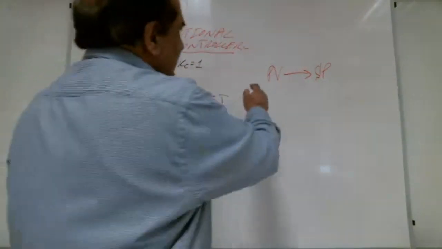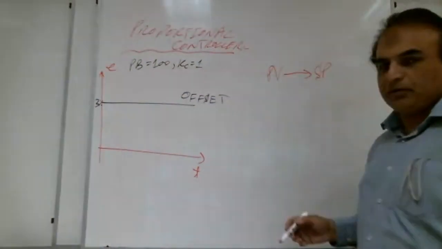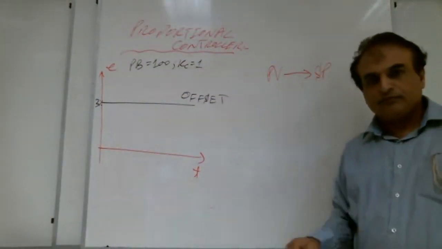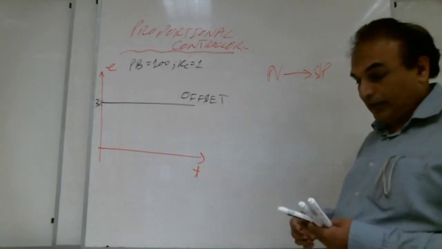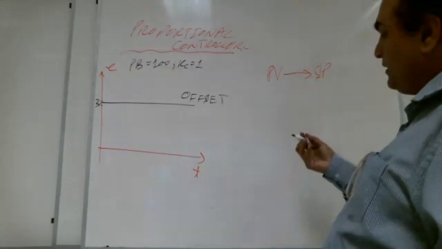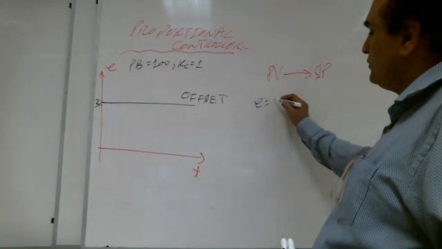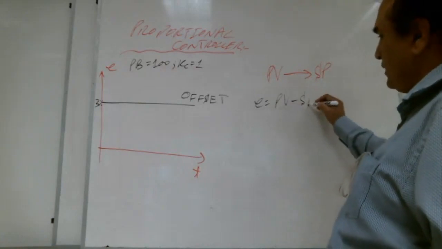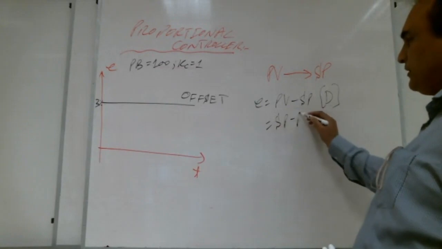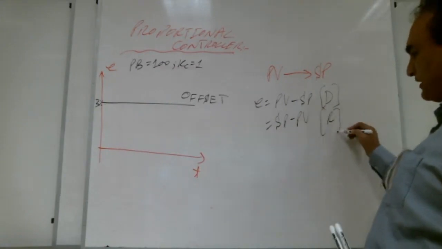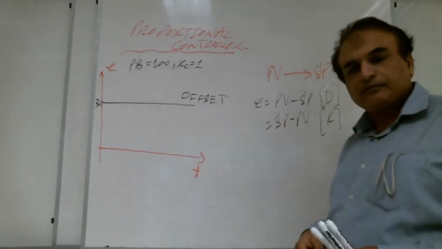Can we bring PV near to set point with this proportional controller? No. Very good. Why not? Error is equal to what? PV minus SP if it's direct action, and SP minus PV if it is reverse action. Right?